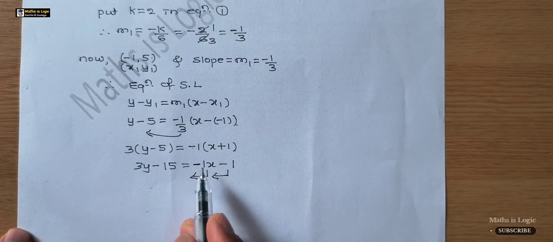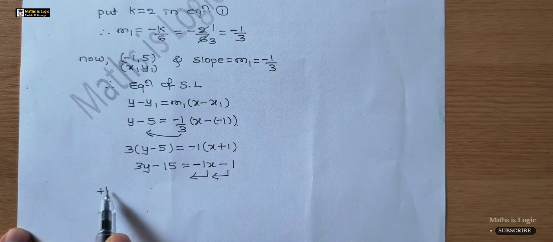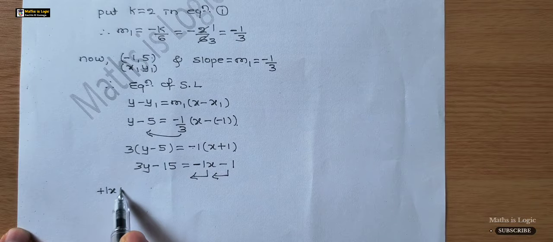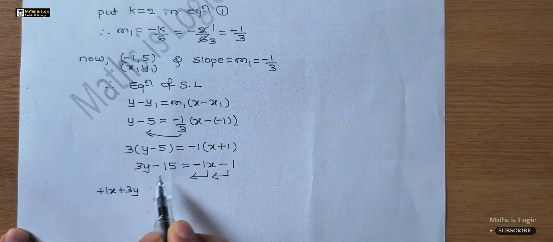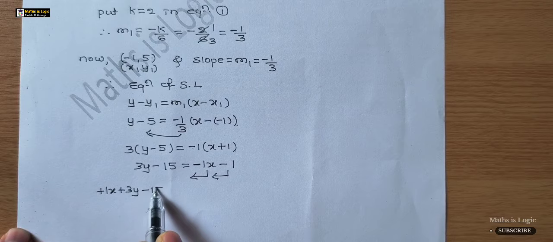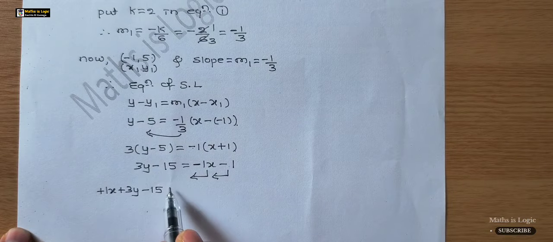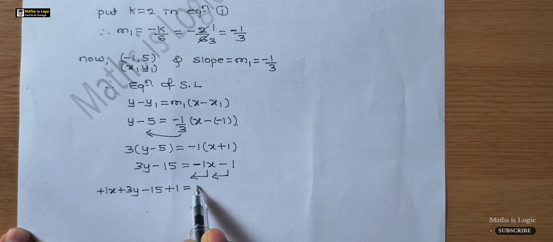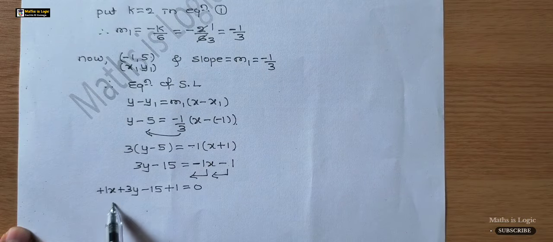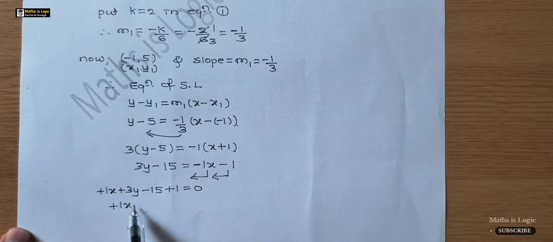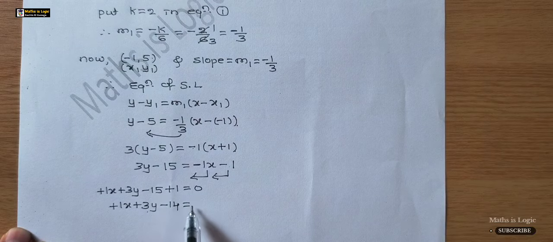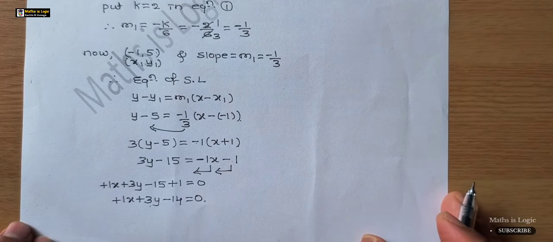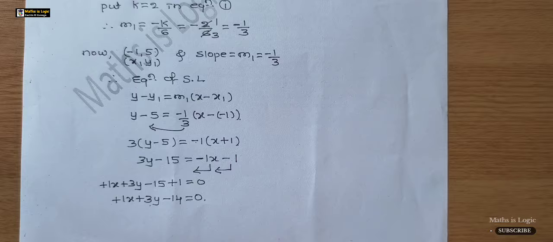So that time minus 1x becomes plus 1x, already plus 3y, keep it as it is, minus 15, keep it as it is, minus 1 becomes plus 1 is equal to 0. Therefore finally 1x plus 3y minus 15 plus 1 is minus 14 is equal to 0. So this is the required equation of the straight line.